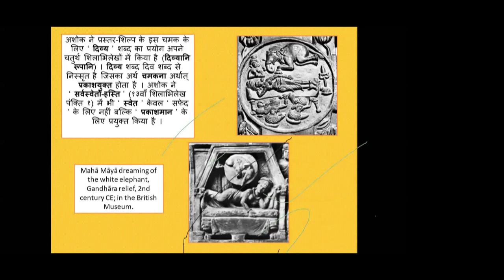And you see, the white elephant is coming down here, and it is in a prabha. This round means it was vibrant white.